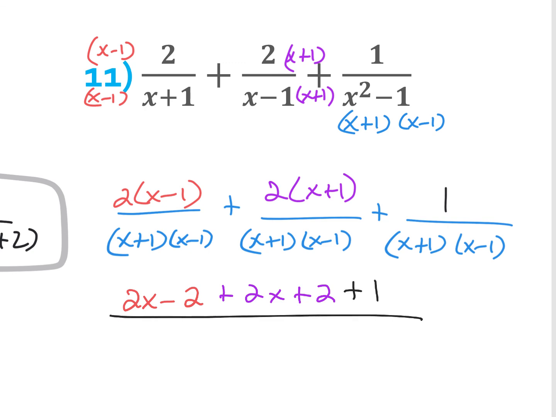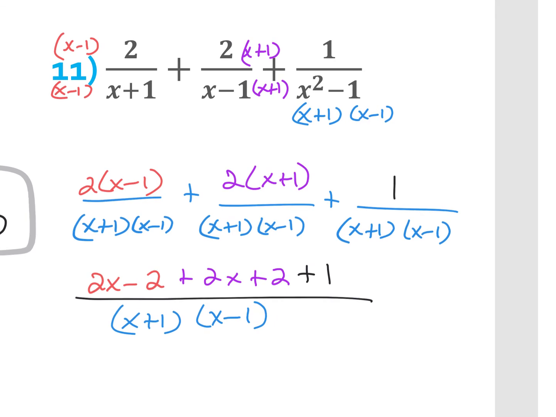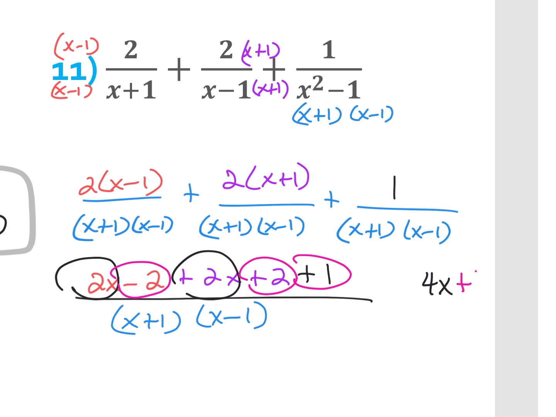And this all has the common denominator of x plus 1, x minus 1. Now I need to look for like terms. So I have a 2x plus 2x. This gives me 4x. And then I have a negative 2 plus 2 is 0, plus 1 is 1.